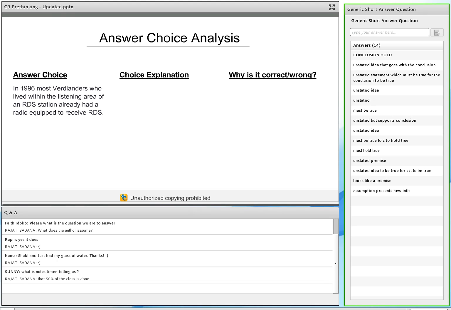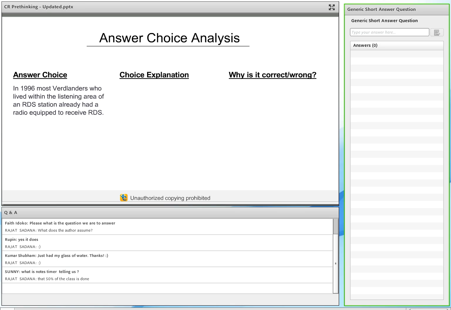Now keep that definition in your mind and tell me this. Is it required that most Worldlanders who lived within the listening area in 96 had a radio equipped to receive RDS?